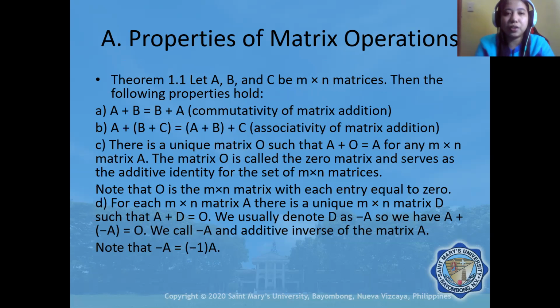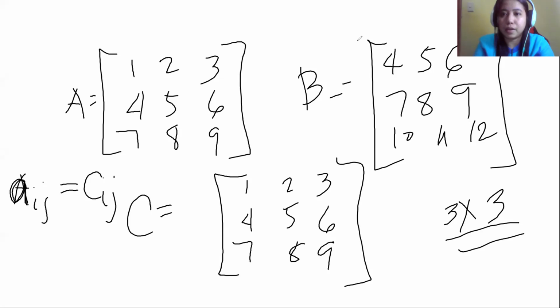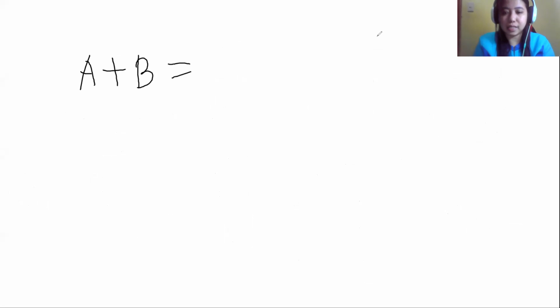Let us consider the first one: A plus B is equal to B plus A. Let us clear this first. What we are trying to prove is A plus B is equal to B plus A.